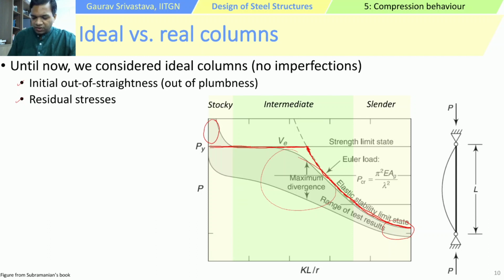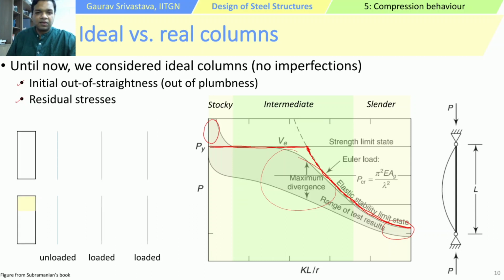Now, initial out of straightness is possible to incorporate theoretically also, and we will see that in a moment. But for the residual stresses, it might be useful to do a little bit of visualization. Let's say there are two rectangular sections as shown here, 1 and 2.